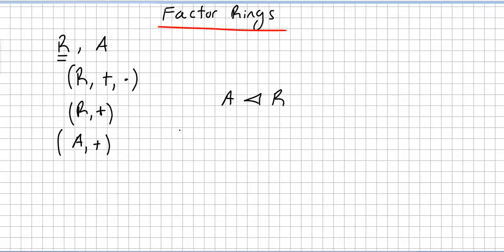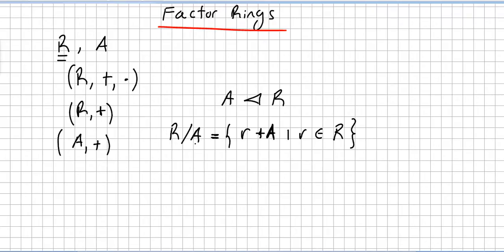So we may form a factor group or a quotient group, where to the normal subgroup we add elements r such that r is in the ring. So this is the factor group of the ring by a normal subgroup.